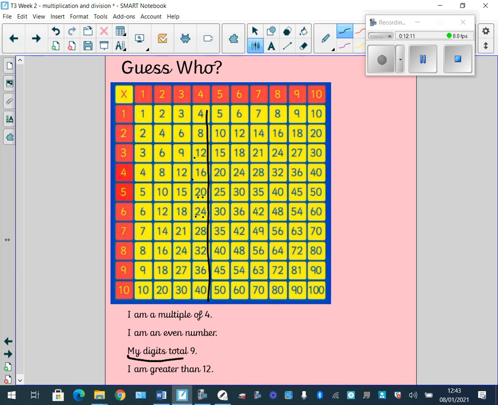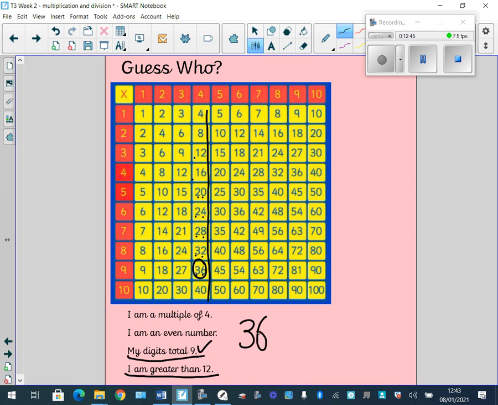So I'm looking for my digits to total 9. 2 and 8 equals 10, so it's not 28. 3 and 2 in 32, no, they equal 5. 3 add 6 equals 9. Let's see, my digits total 9, so 36 does total 9, if I add the digits 3 and 6. And that is definitely greater than 12, so 36 is my answer.